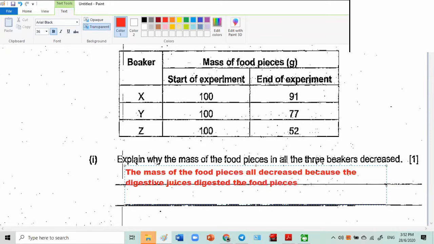People, you understand what he said? Because as you digest, the piece gets smaller and smaller and smaller.